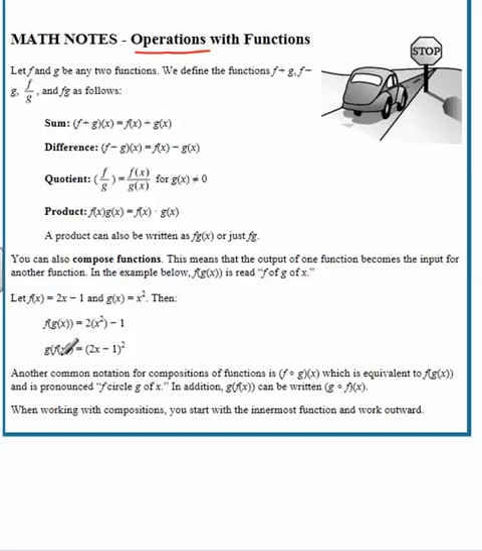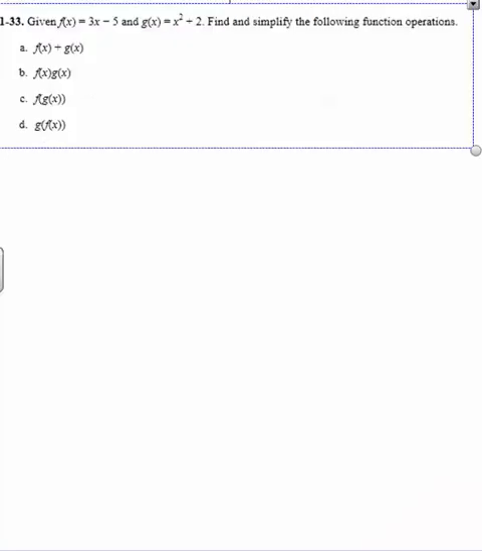So this one means g of f of x. So that's taking the output of f of x and putting it into g. So you take f of x, which is this, and plug it in for x in this function, and this is what we end up with. So we're going to practice that with the next problem.